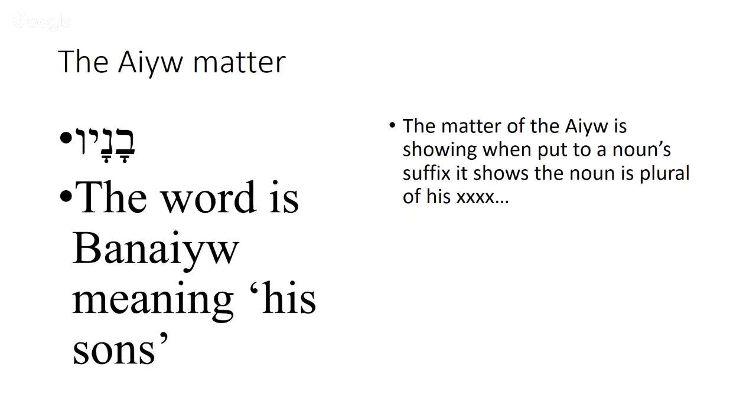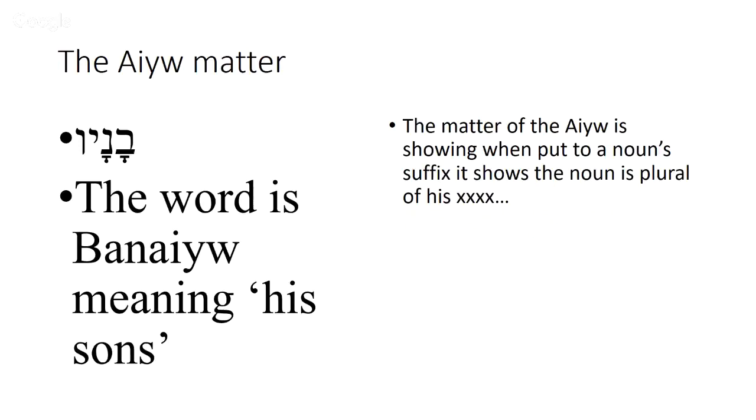So talmidaiv will be his students. Moraiv would be his teachers. Banaiv means his sons. Just want that to be noted for reference purposes, so we can gain some understanding of what we're talking about.